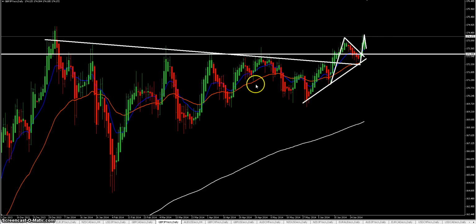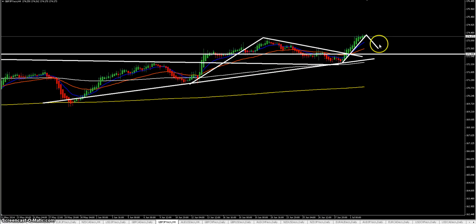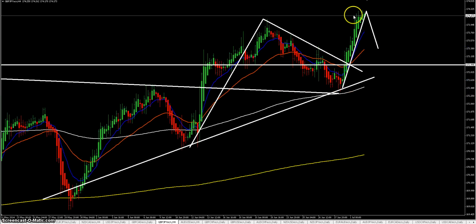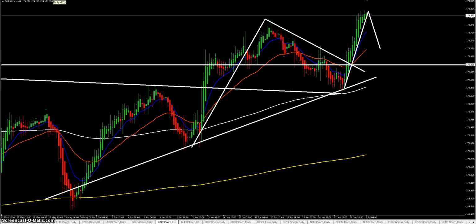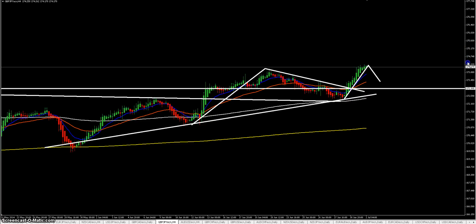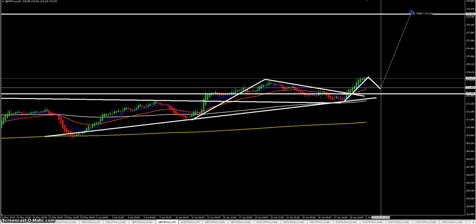So if you're not yet in the trade, you can go to the lower time frames and wait for four hourly higher high, higher low, and then target that resistance line here.